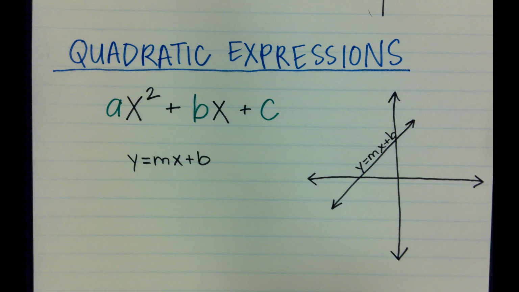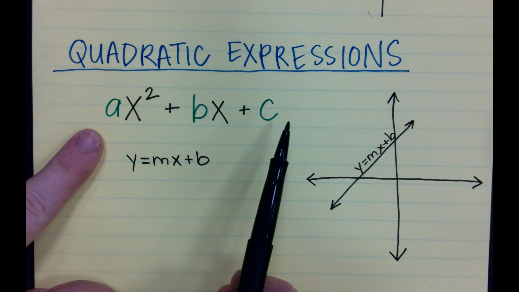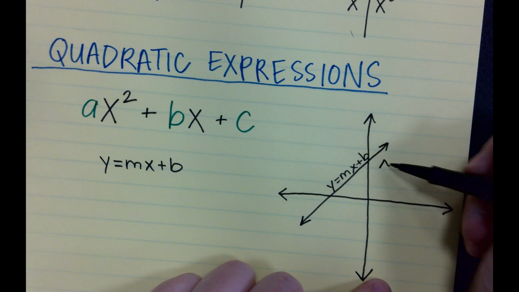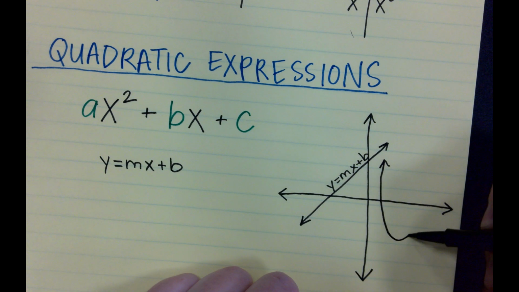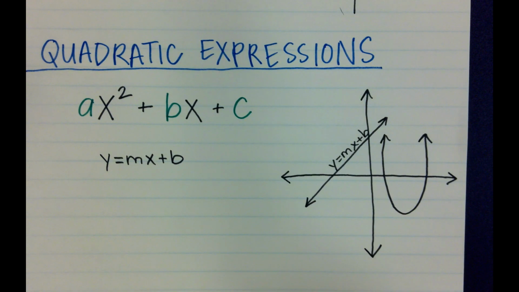It's just a line. But whenever we graph a quadratic equation, we get something that looks like this. This is a parabola.